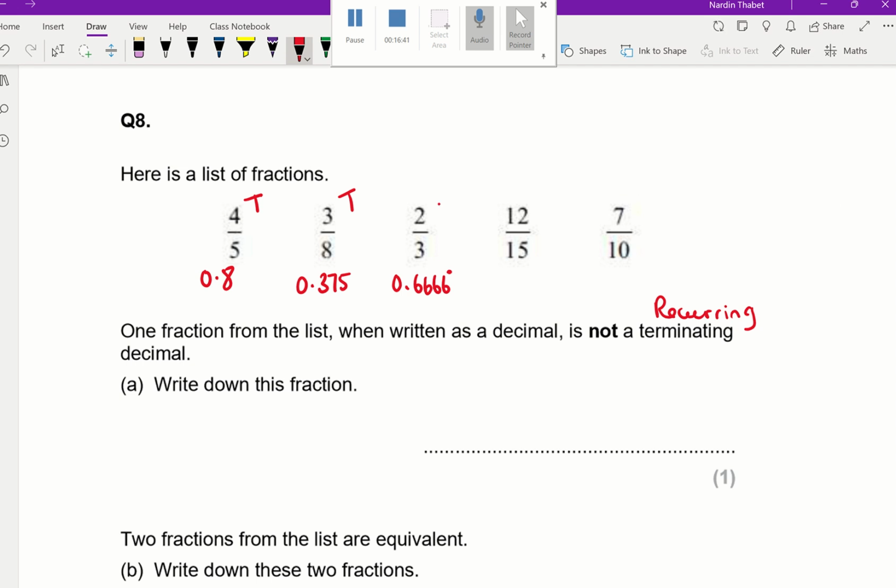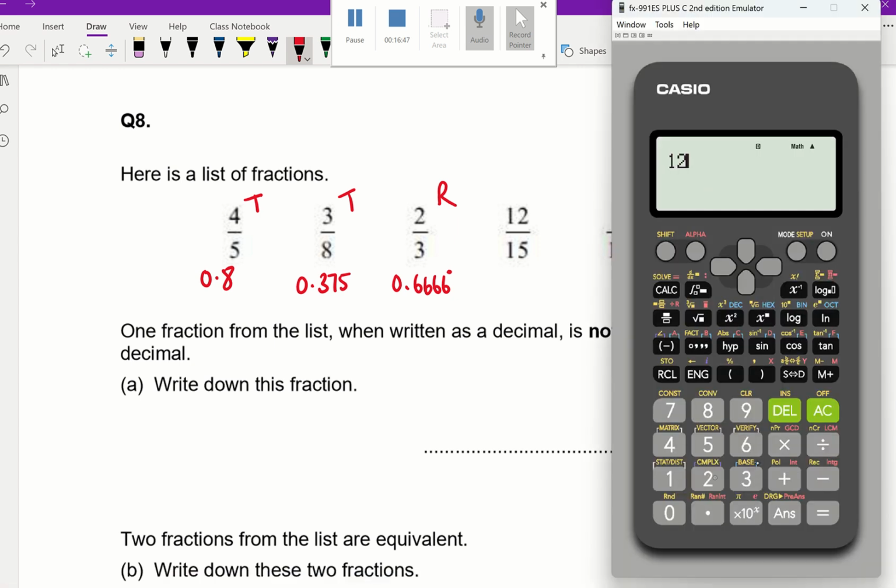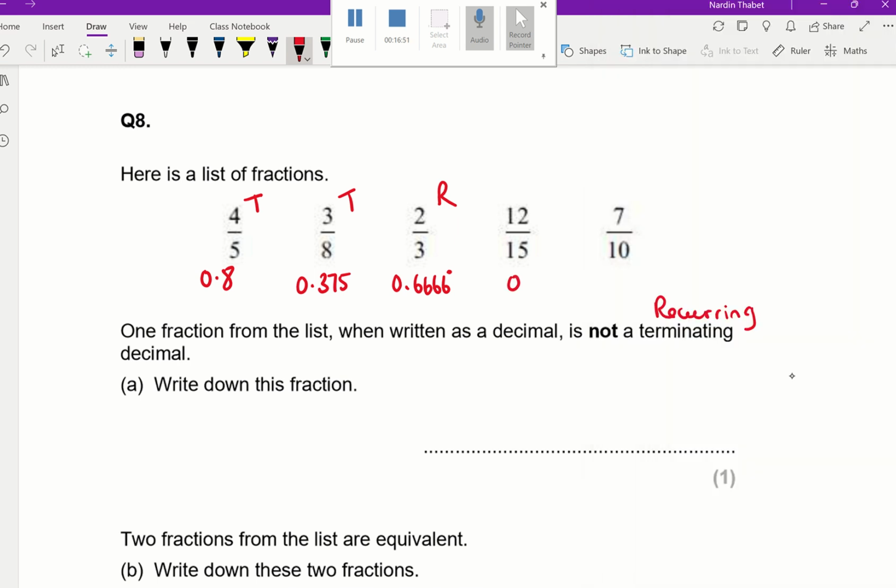This is definitely a recurring decimal. I'm going to do this for the rest of them as well. 12 divided by 15, that's 0.8. So that's a terminating decimal. And 7 divided by 10 is 0.7. So that's also terminating. So my recurring decimal, or my recurring fraction, is 2/3.